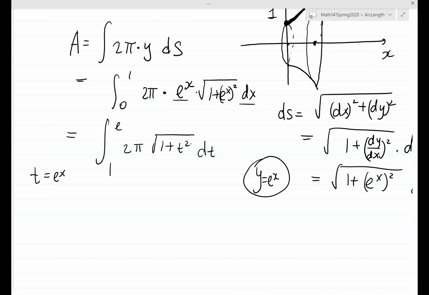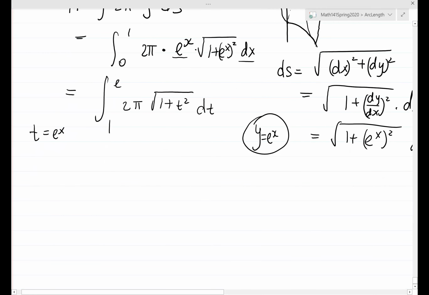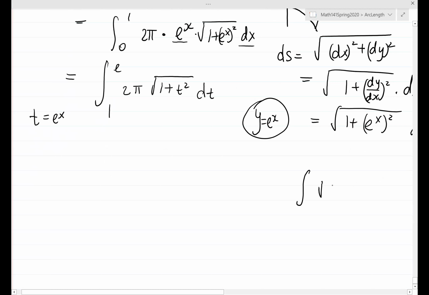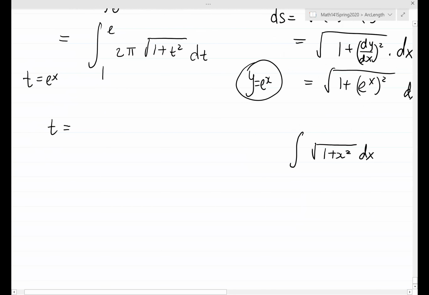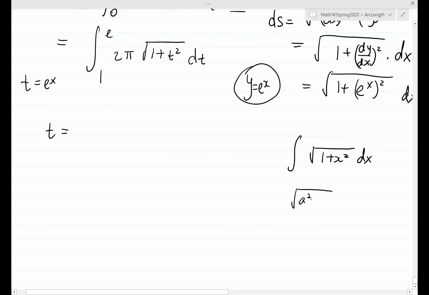Actually, we did this example. How did we use substitution again? We worked out the integral of the square root of 1 plus x squared dx. Remember the three cases of trig substitution: a squared plus x squared, a squared minus x squared, x squared minus a squared.